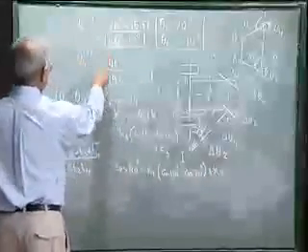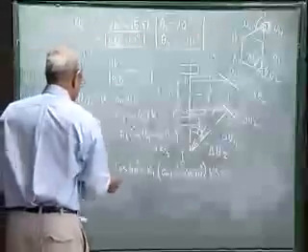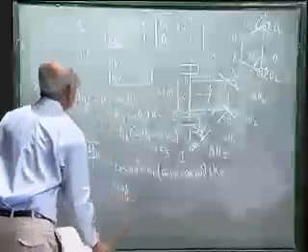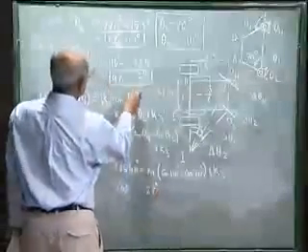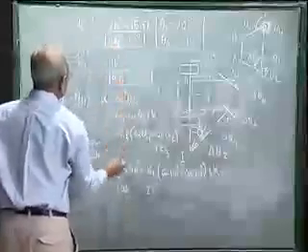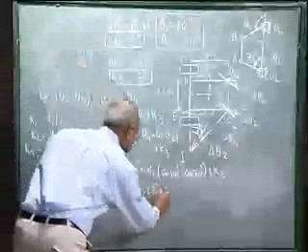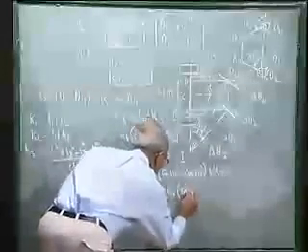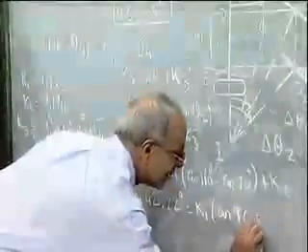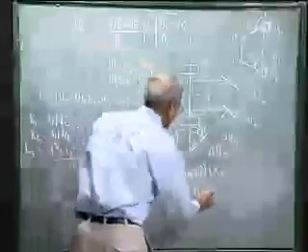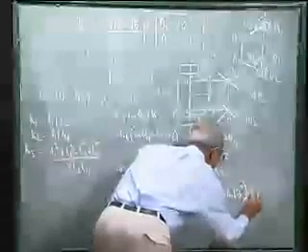And if I use this set of values, then I am getting cosine 42.22 degree is K1 cosine theta 4, 96.35 minus cosine 54.13 plus K3.